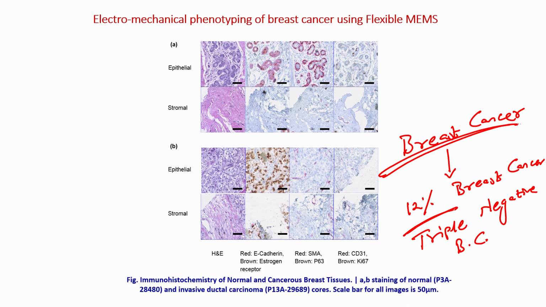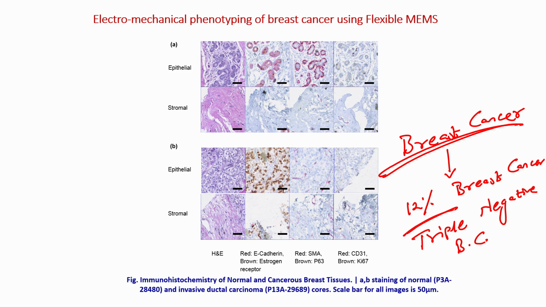Within the bigger umbrella of breast cancer, there are around 12% which are known as triple negative breast cancers. Why? Because none of the biomarkers are present in the breast cancer tissue. Which biomarkers? Estrogen biomarkers, progesterone biomarkers, HER biomarker, right, none of the biomarkers are present.